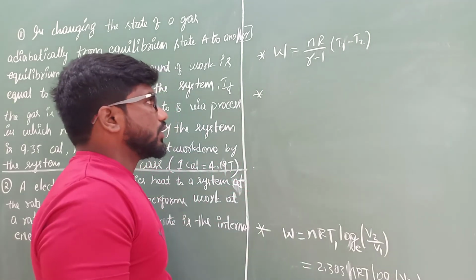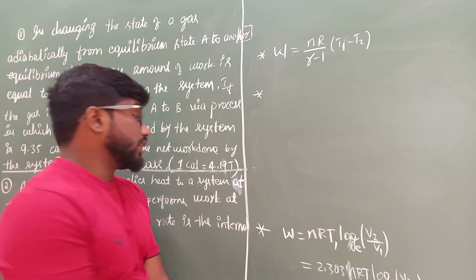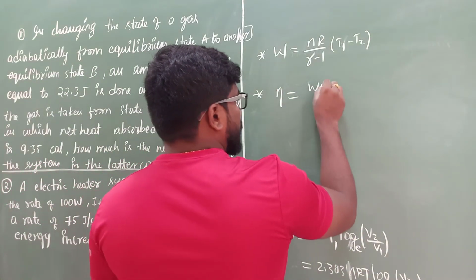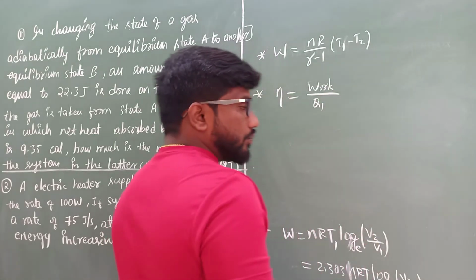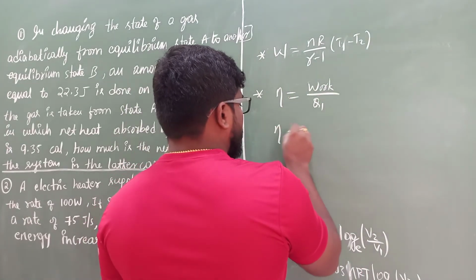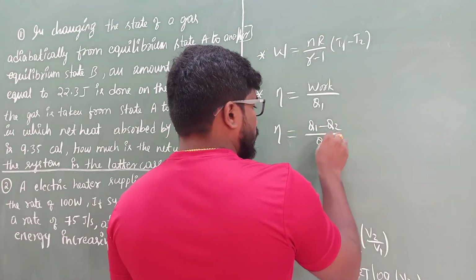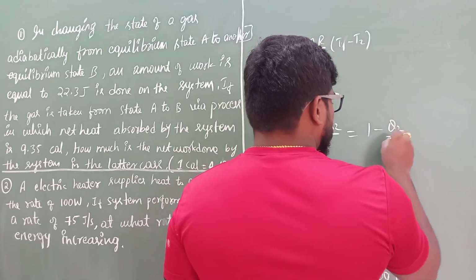Apart from this, what else do we have? Heat engine, efficiency of heat engine. Eta is equal to work divided by total heat supplied, or we can write eta equals Q1 minus Q2 divided by Q1, that is equal to 1 minus Q2 by Q1.